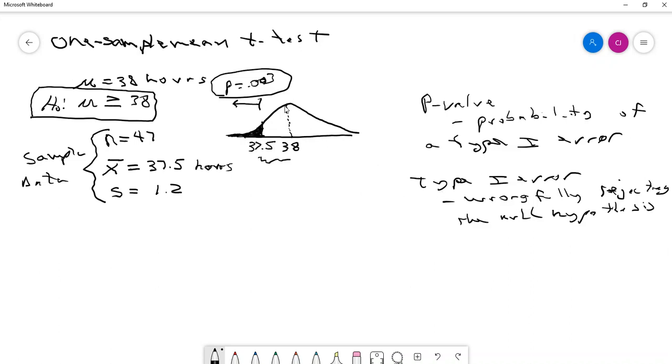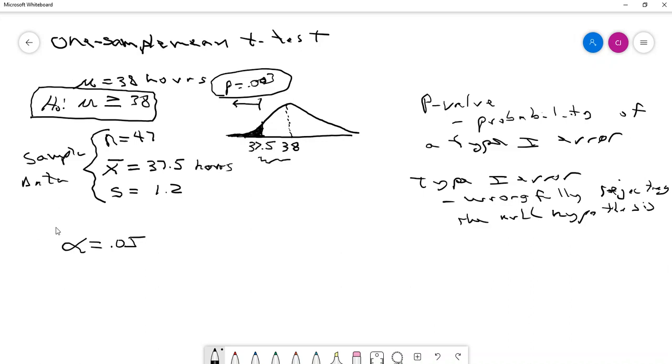So it looks pretty good, 0.003. All right, well, what do we mean by pretty good? Well, what are we comparing that to? Well, remember that we have this alpha, and the standard is 5%. So normally you could see alpha at like 5%, 10%, 1%.